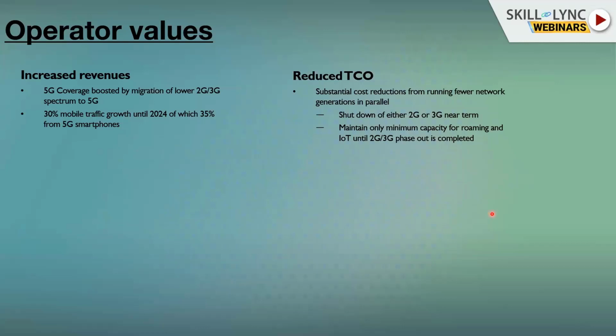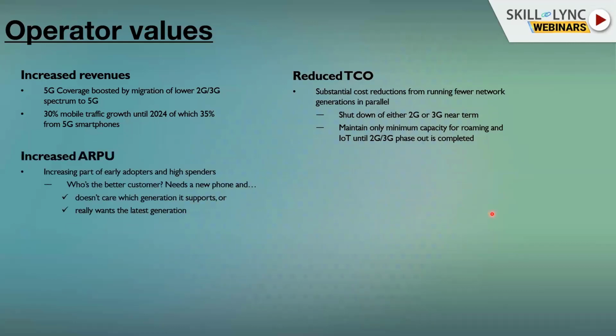But after you have upgraded, then your total cost of ownership will be reduced. As you have increased revenue, so average revenue per user will also be increased. So just moving towards the higher generation, average revenue per user is definitely going to increase.